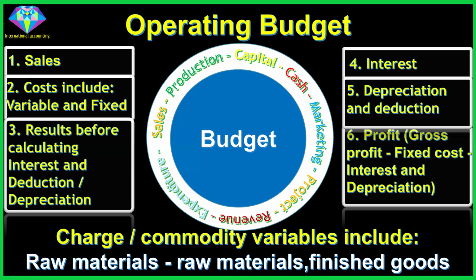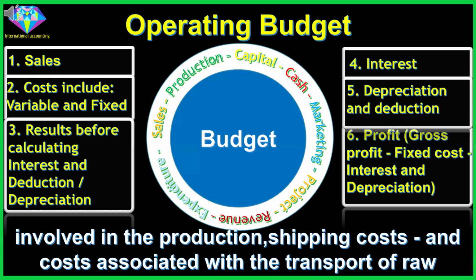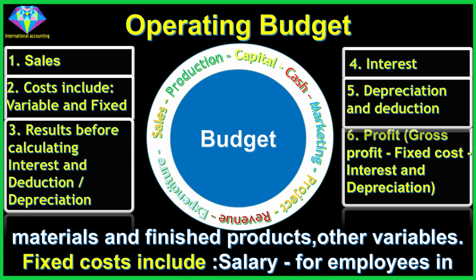Large commodity variables include raw materials, finished goods that you use to manufacture or sell. Salary, just the salary paid to workers who are directly involved in the production, shipping costs, and costs associated with the transport of raw materials and finished products. Other variables.